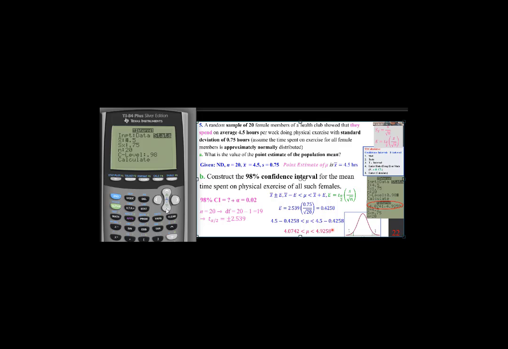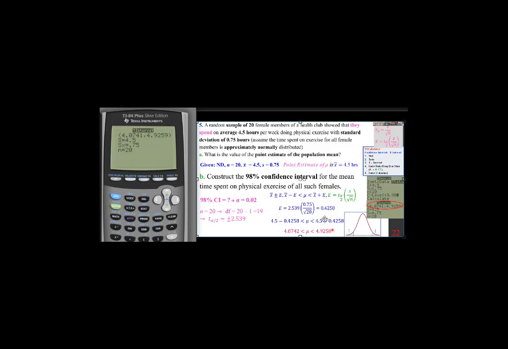We have 4.5 for the X bar, the mean, and standard deviation is 0.75, N is 20, confidence level is 98%, we put 0.98, and then you click enter, and you click enter again to calculate.